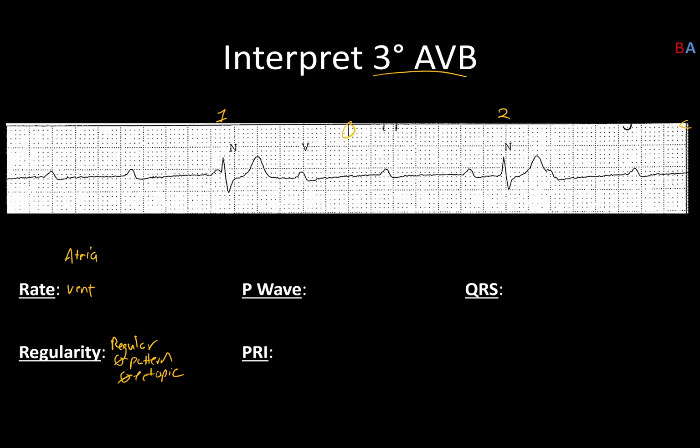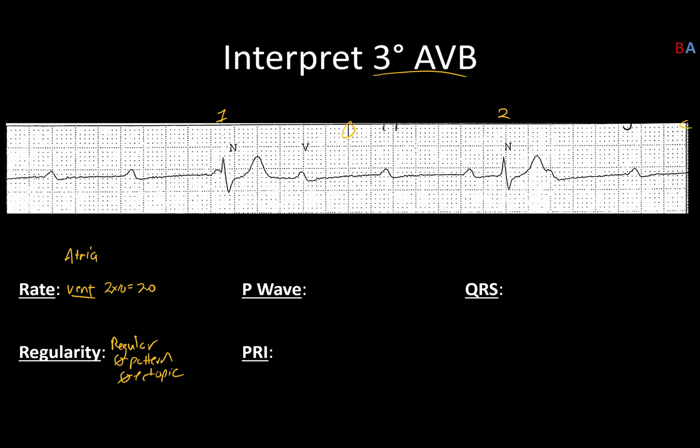Other things that we need to think about, so let's see if there's just 2 on the screen. That ventricular rate's pretty easy. But because it is regular, we can measure between them.